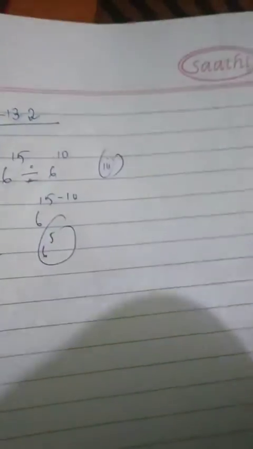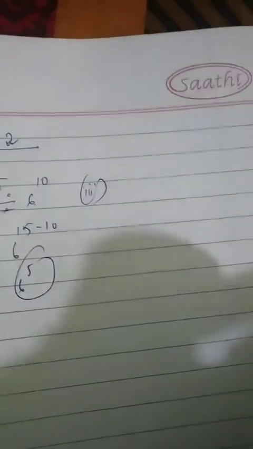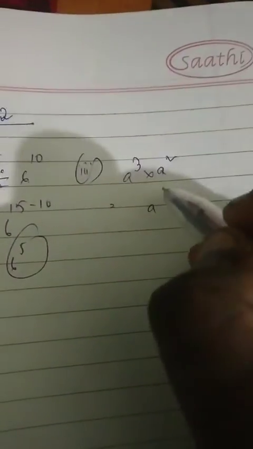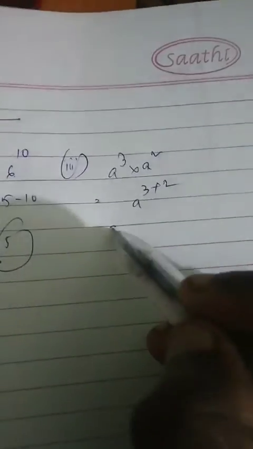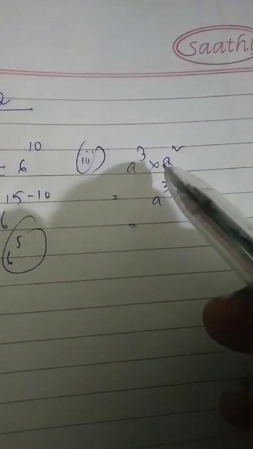Next is question number 3. A to the power 3 into a to the power 2. The product of a to the power 3 and a to the power 2 will be a to the power 3 plus 2, because their bases are the same. It does not matter whether the bases are numbers or variables.